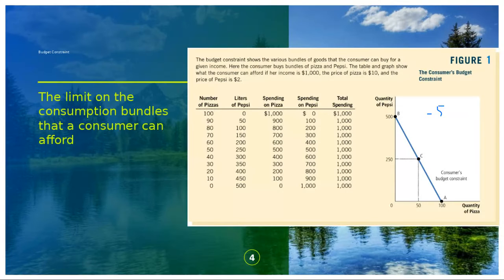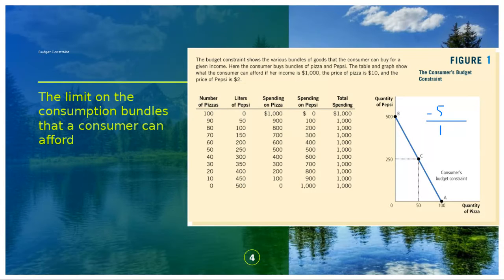If I can draw this out here, -5 over 1. Well, why is it -5 over 1? Well, simply put, we're saying that you would give up 5 Pepsis for one pizza, or that the equivalent of 5 Pepsis equals one pizza.